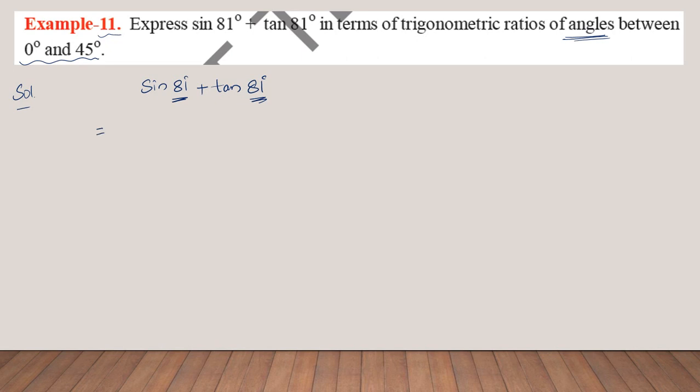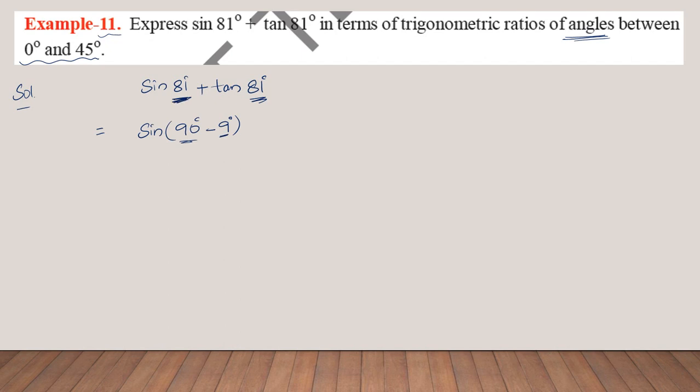Already we know how to make use of complementary angles, right? This particular 81 degrees I can write as sine of 90 minus 9. What is the value of 90 minus 9? 81 degrees only.